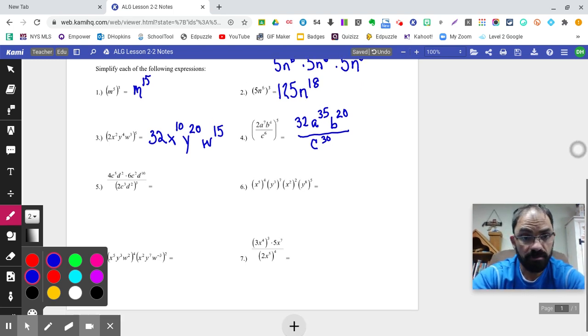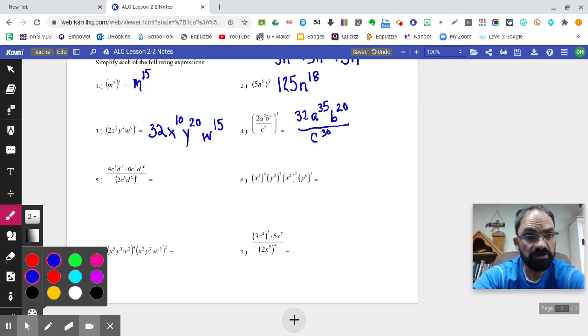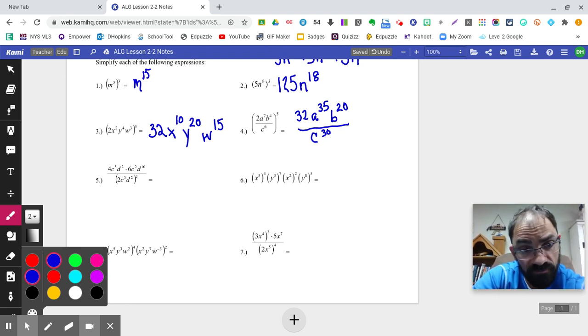Okay, the next one. This brings us back to some of yesterday's lesson, or the previous lesson, excuse me. 4 times 6 is 24. 5 plus 2 is c to the 7th.